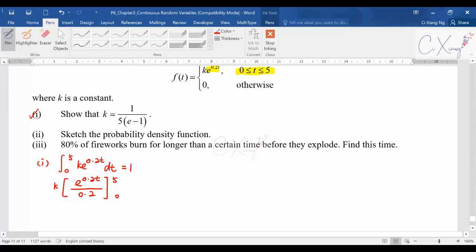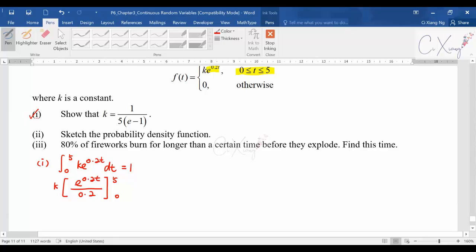I believe that you learned differentiation for e. Differentiation for e means that you copy the original thing, then multiply by the differentiation of the bracket. So integration is the other way around. You also copy the original thing, but you divide by the differentiation of the power. Differentiation is multiplied, so for integration it is divided. It is the opposite way.